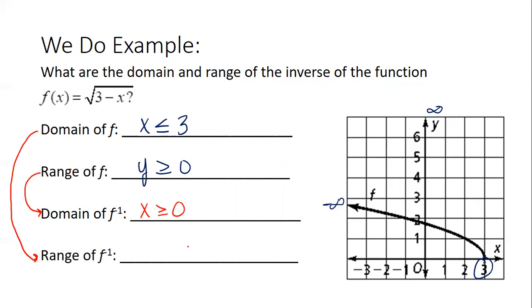Greater than or equal to 0. The domain of my inverse is going to be the same as the range of my original. The range of my inverse is going to be the same as the domain, but instead of x, I'm talking about y, right? So it's going to be y is less than or equal to 3.